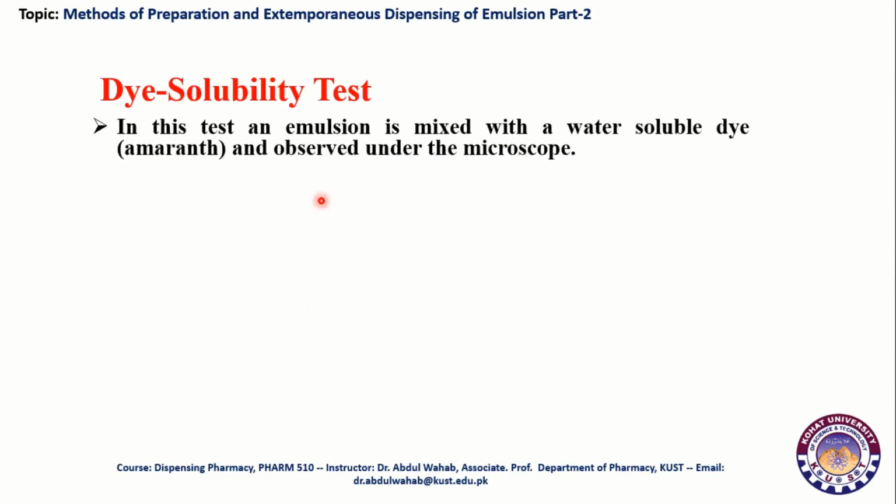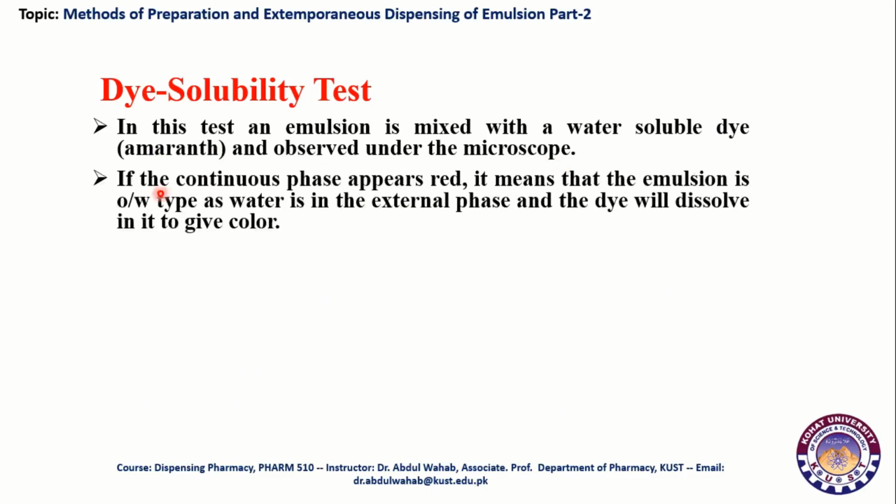Dye solubility test. In this test, an emulsion is mixed with a water soluble dye like amaranth and observed under the microscope. If the continuous phase appears red, it means that the emulsion is oil in water type, as water is the external phase and the dye will dissolve in it to give color, because amaranth is a water soluble dye.